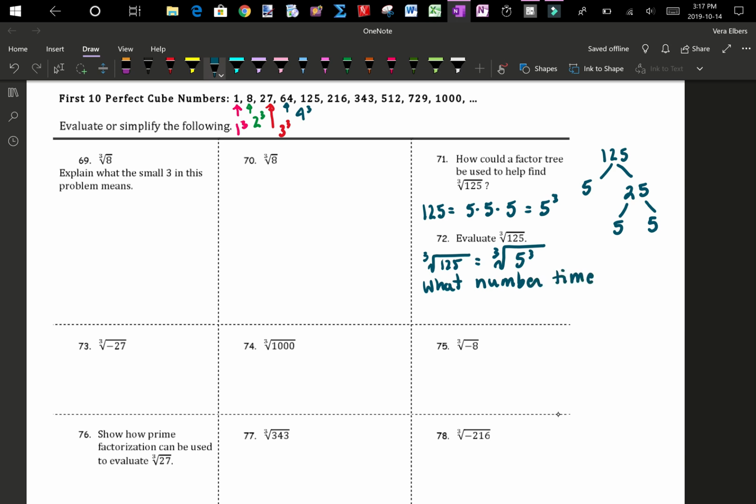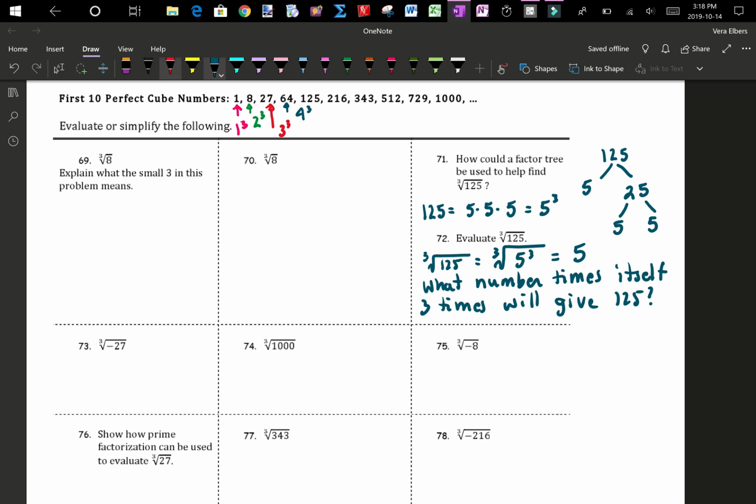And the answer, of course, is 5, because 5 times 5 times 5 will give you 125.